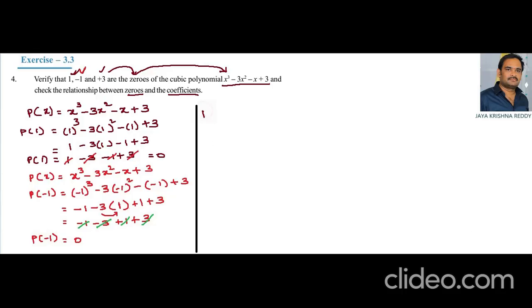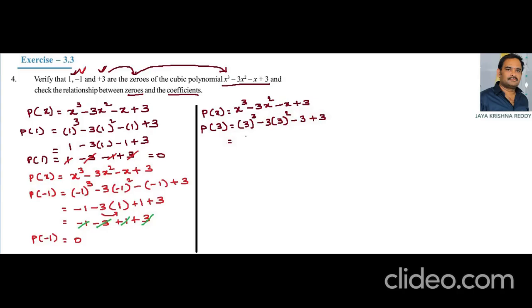Next, write the polynomial again. P of x equals x to the power of 3 minus 3x square minus x plus 3. Now substitute the third number, it is given as 3. So p of 3 equals, in place of x, let us write 3. 3 whole cube minus 3 times 3 square minus 3 plus 3.